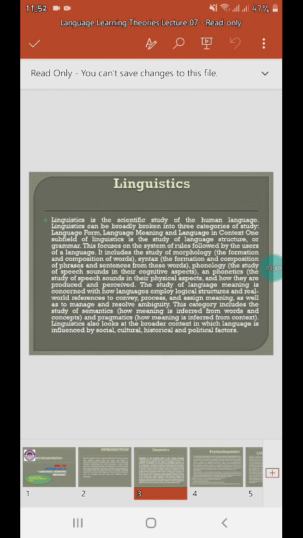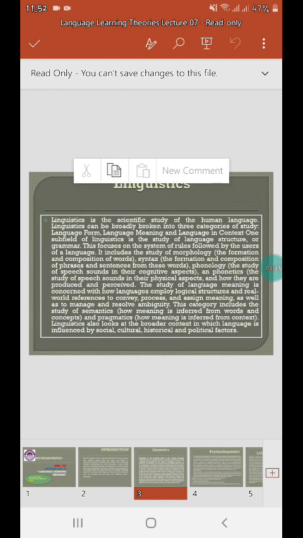One subfield of linguistics is the study of language structure or grammar. This focuses on the system of rules followed by the users of language.